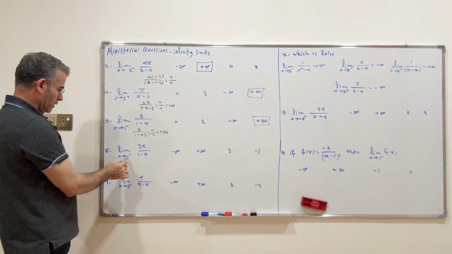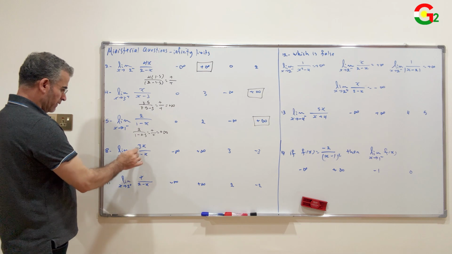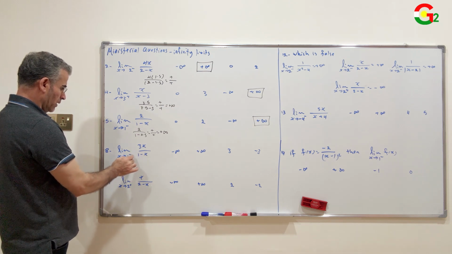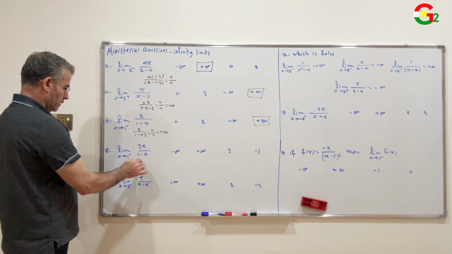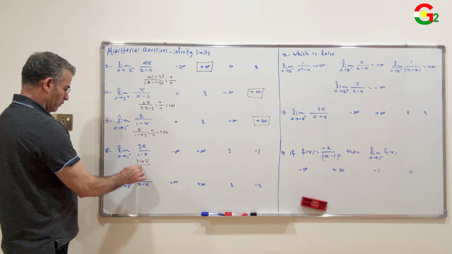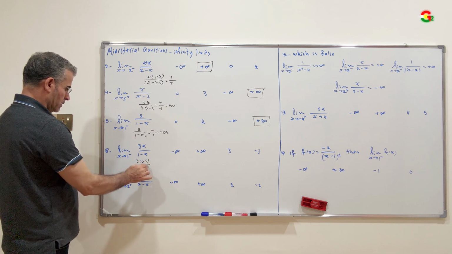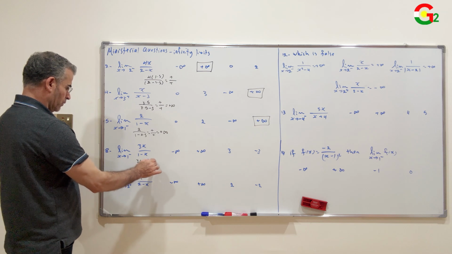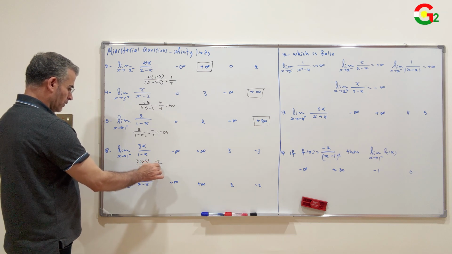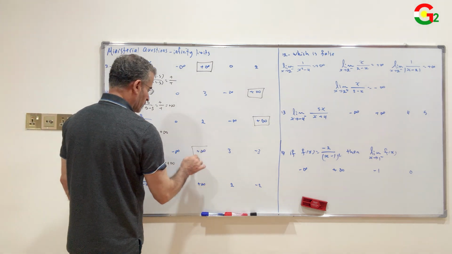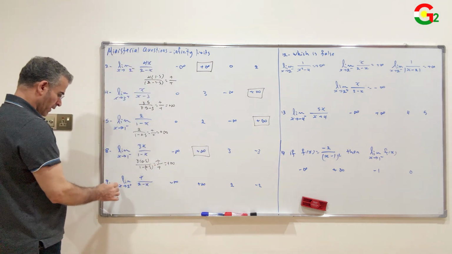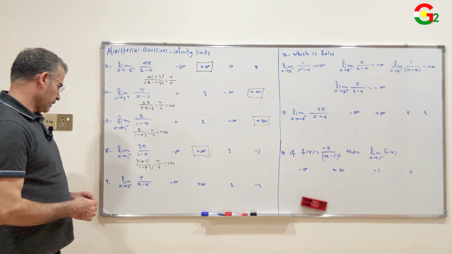Question number 8. From left, substitute every x with 1 half. 3 times 1 half over 1 minus 0.5 equals positive value over positive value equals positive infinity. Choice B. Question number 9.